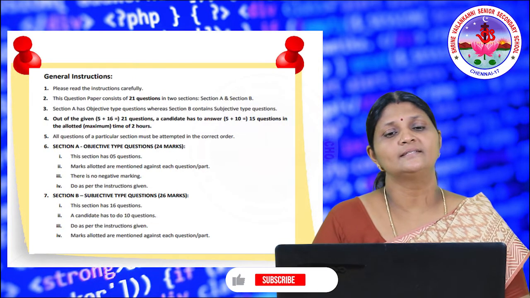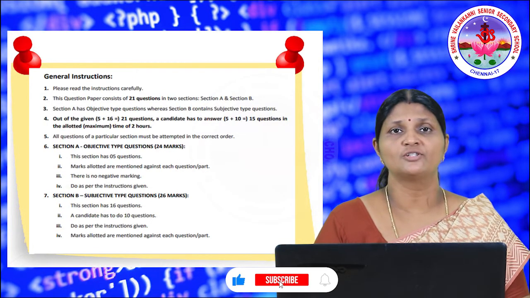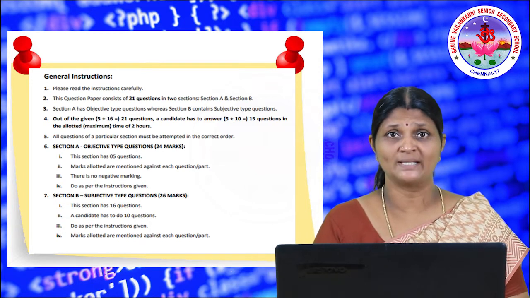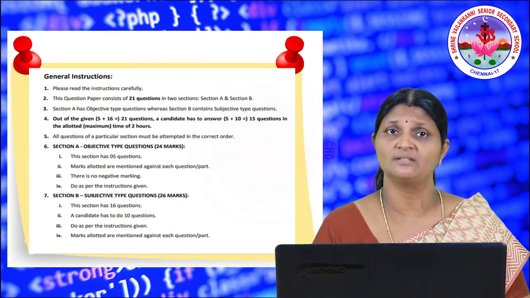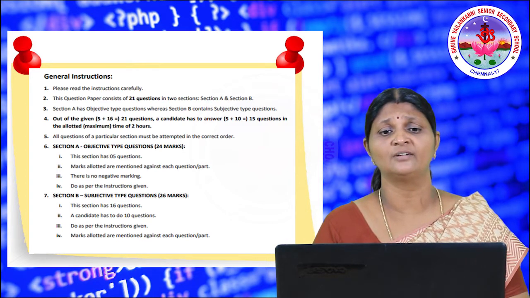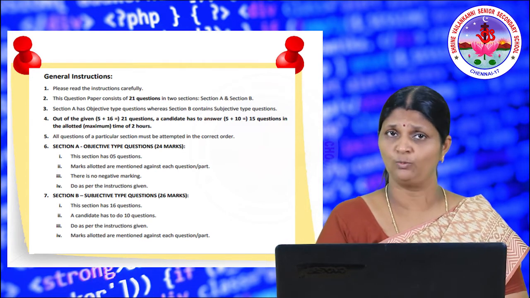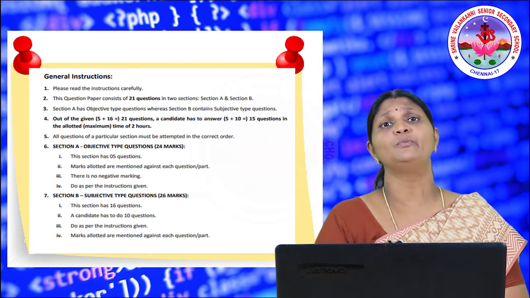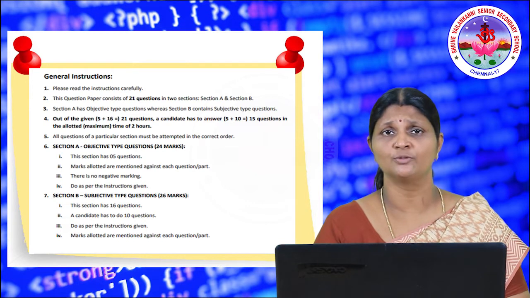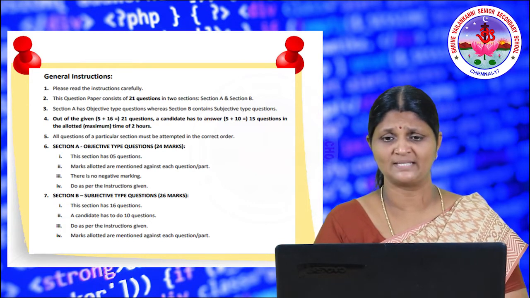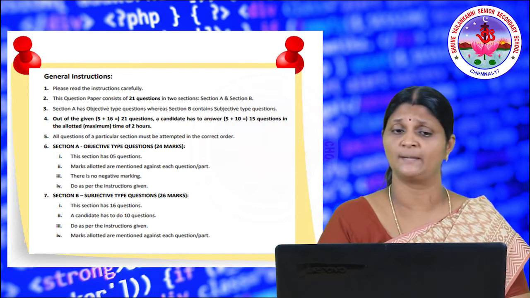Let's see the general instructions of the sample question paper. As soon as we take the question paper, we have to go through the general instructions. Here in this sample paper, there are a total of 21 questions, out of which 15 questions have to be answered. These 21 questions are subdivided into section A and section B. Section A covers objective type questions, section B covers subjective type questions.